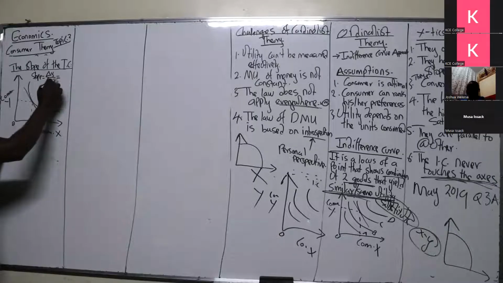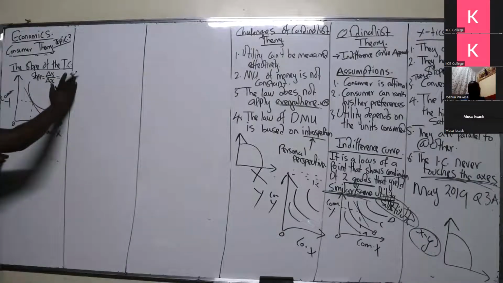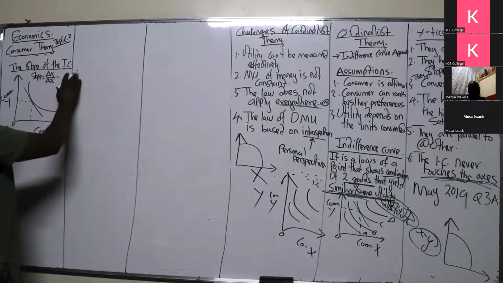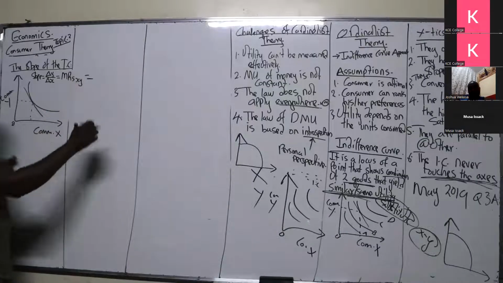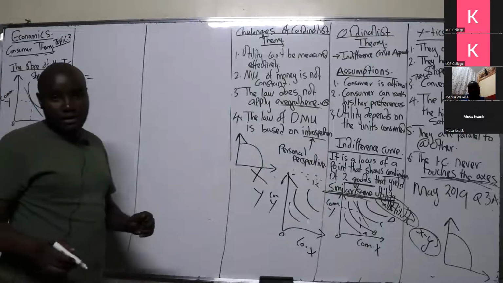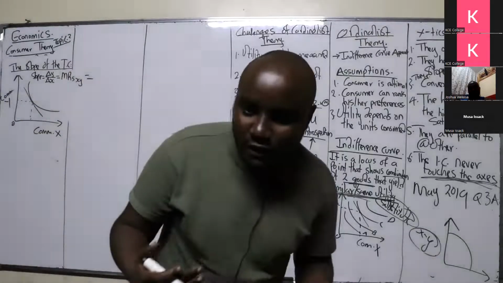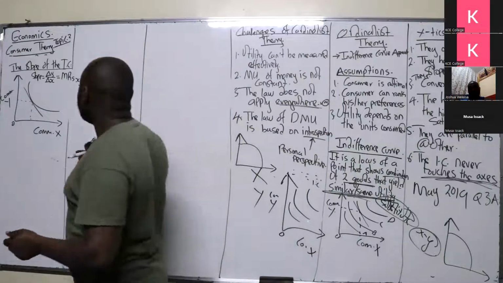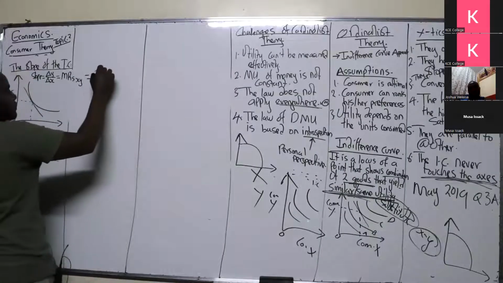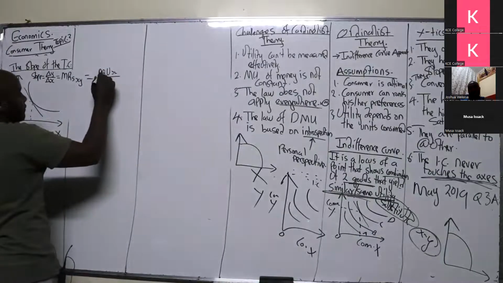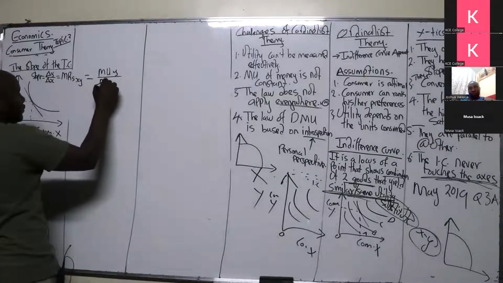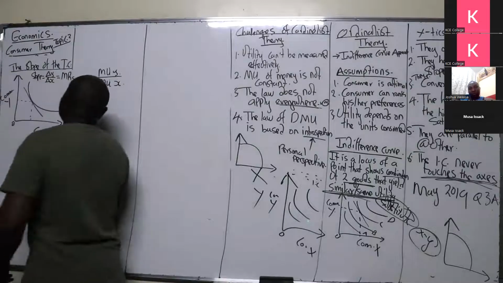It shows the marginal rate of substitution of x and y. Are you together? It shows how we are deciding to substitute commodity x in respect to y, or commodity y in respect to x, which is also equal to the marginal utility of y divided by the marginal utility of x.